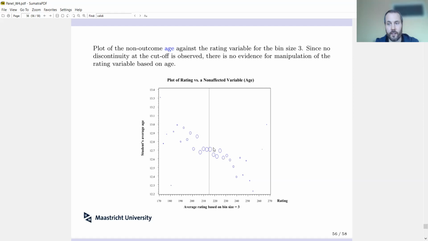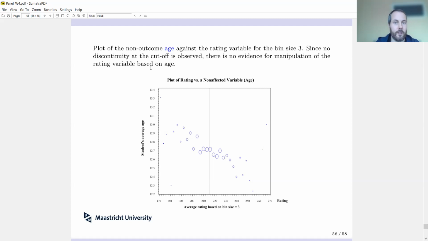Notice also that typically we cannot control for every non-outcome variable, right? There may be other variables that you don't have, so it's simply impossible to draw such a plot for any potential variable versus the outcome variable. Therefore, you should do this kind of plot with whatever non-outcome variables you have in your data set.